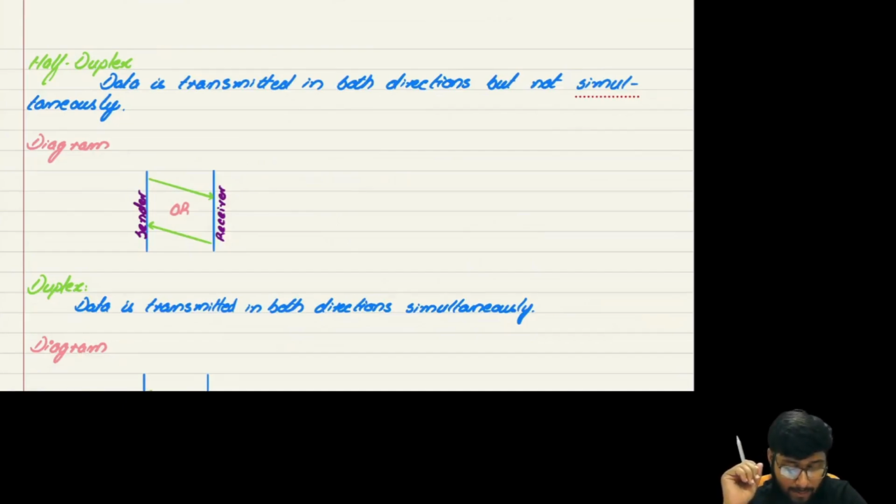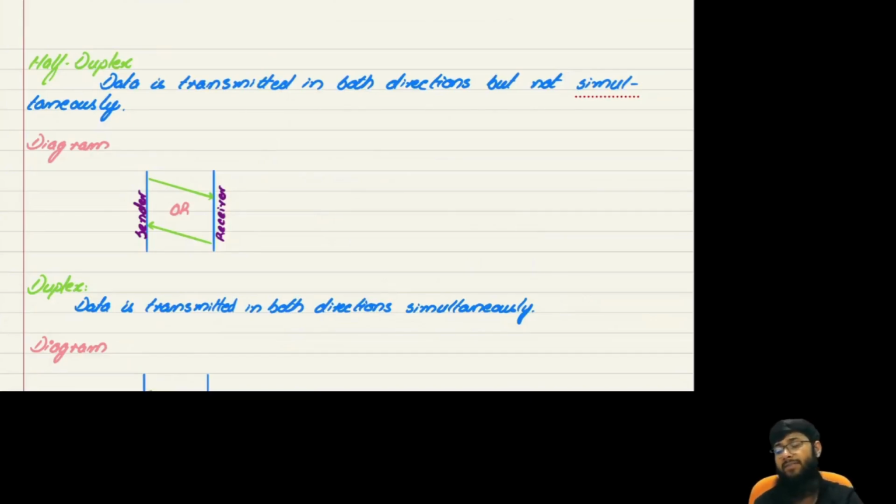In the diagrammatic representation of this, you might see the sender sending data to the receiver, or the receiver sending data to the sender. Now, the best example of half duplex data transmission could be a walkie-talkie.